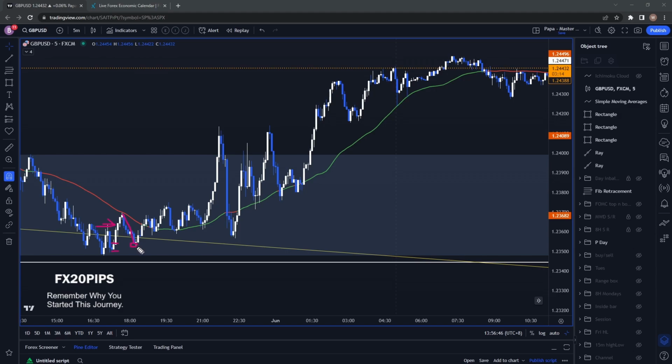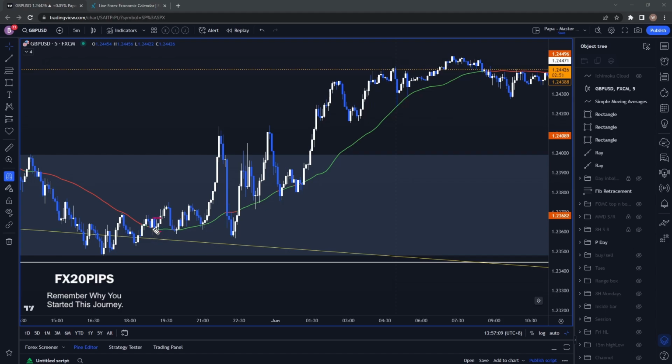This tested the order block, went up, did not break it, came down again, and this one broke it. So from here, where is the last bearish candle? Well, the last bearish candle seems to be this one.